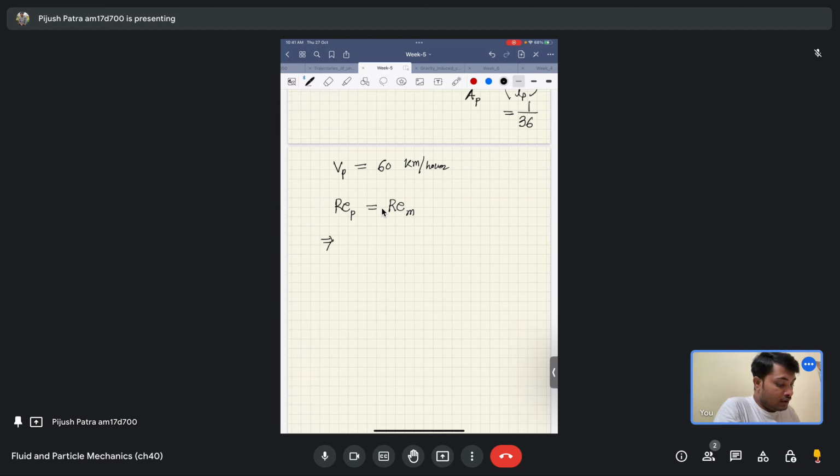So it is velocity scale of the prototype into the length scale of the prototype divided by nu, that is the kinematic viscosity of the fluid, equals velocity of the model, length scale of the model divided by the kinematic viscosity. Is that correct?